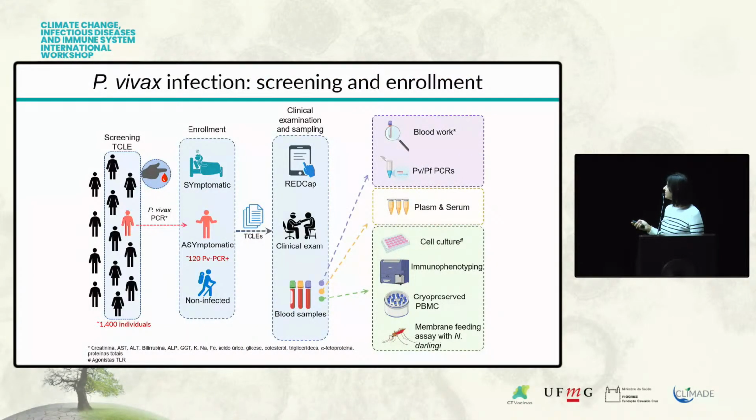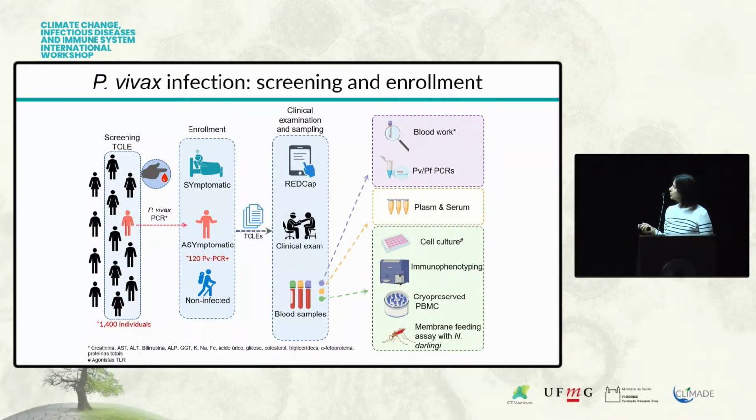So since asymptomatic individuals don't come to us, what we had to do was a kind of census. We went to the homes of the community, knocking door to door, and we asked for a drop of blood, and we did PCR and microscopy here.